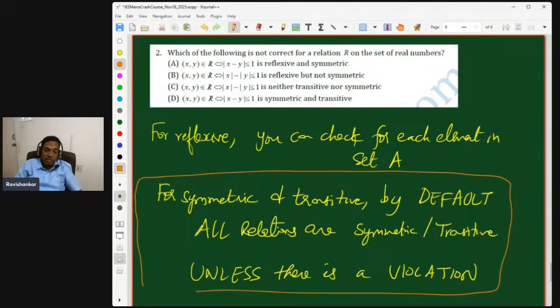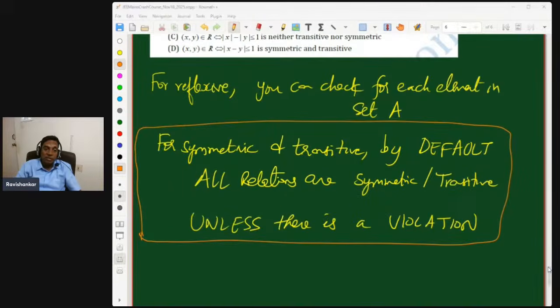Symmetric and transitive are not proved by definition, it's proved by the violation. By default, it is symmetric. This is something that I mentioned in the class because that's the idea that we are going to use.